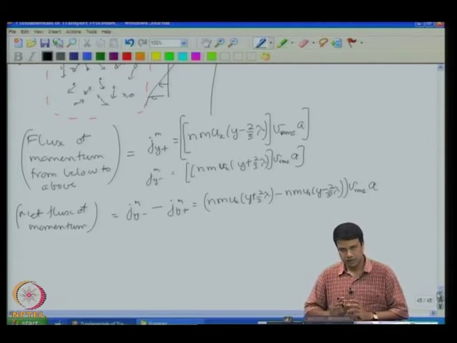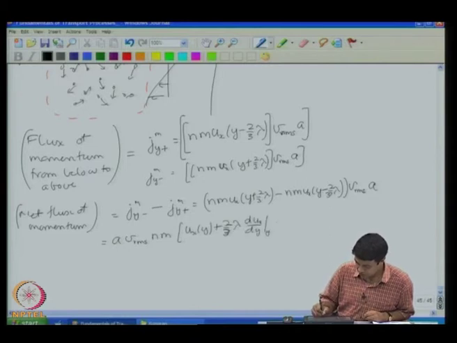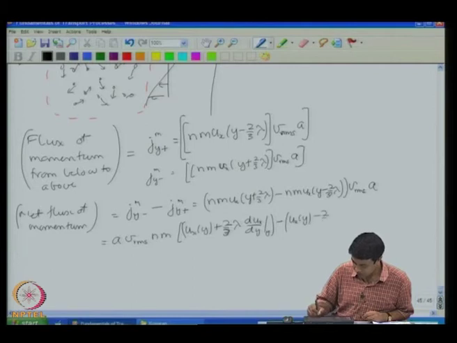I assume that Vrms is not changing too much because the temperature is not changing too much, and the number density and the mass of the molecules are approximately the same. So, this will give me A Vrms N m into Ux at y plus 2 by 3 lambda dux by dy minus Ux at y minus 2 by 3 lambda dux by dy.